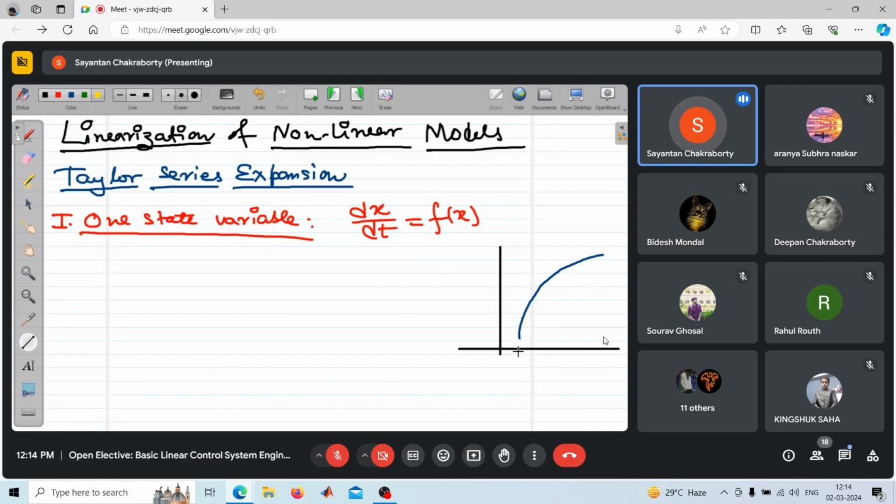Because if you draw the tangents at different points, there are different tangents. As a result, the nature of the response for a given input at these individual points will be completely different. It's a nonlinear function, right? So what you can do, obviously I should mention here, say this is the input, this is the output. So what we can do, we can consider an operating point. What is called an operating point?